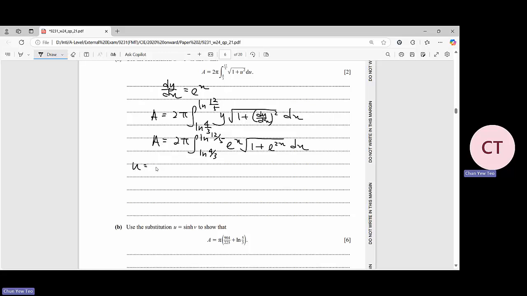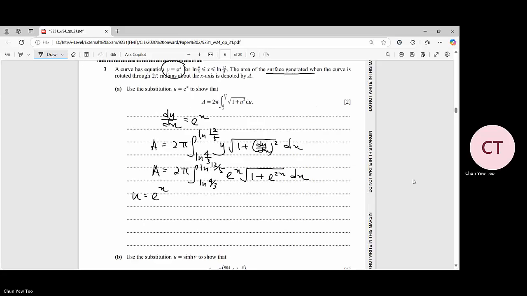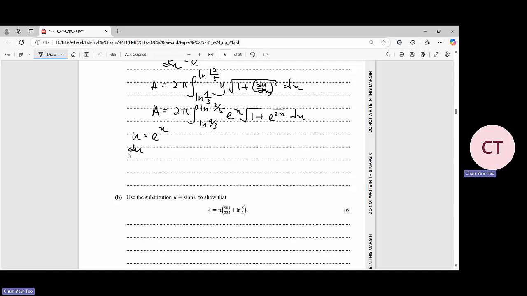Then we change the u to become e power x. So my du/dx is equal to e power x, my du is equal to e^x dx. Then when x is equal to ln 4/3, that will give you u equal to 4/3. When x is equal to ln 12/5, that will give you u equal to 12/5.